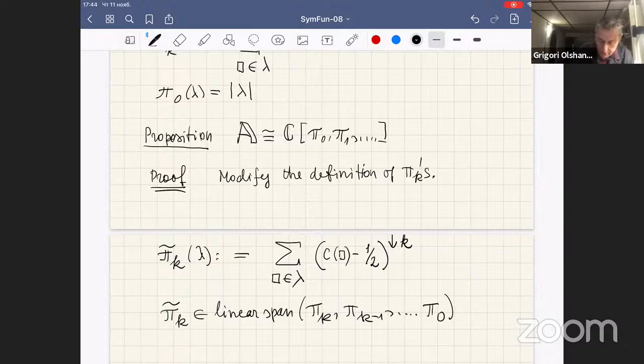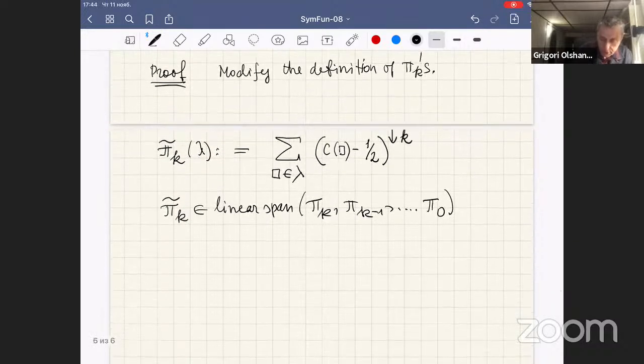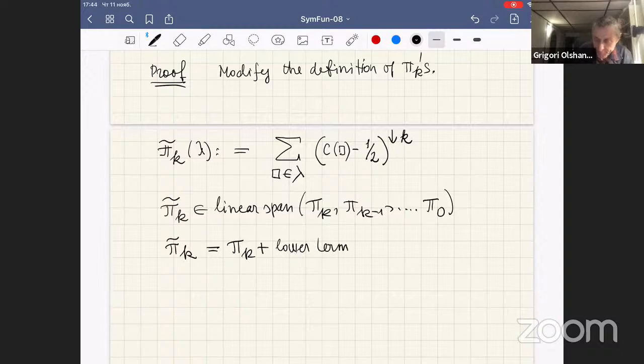It can be written as follows: it's simply pi k plus lower terms. This is obvious, I think, from this formula.